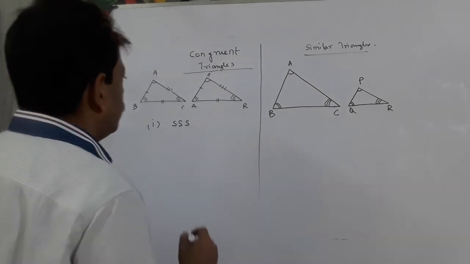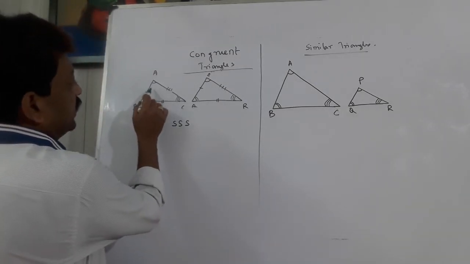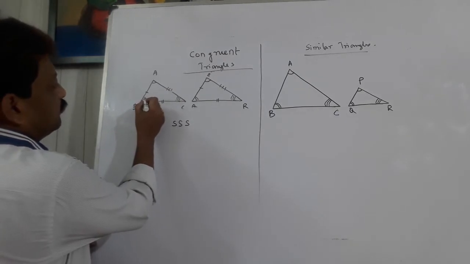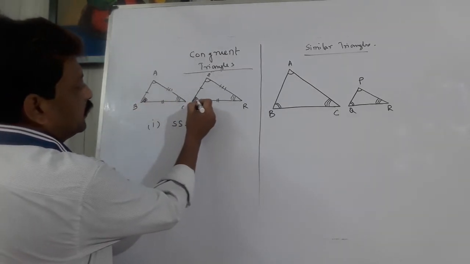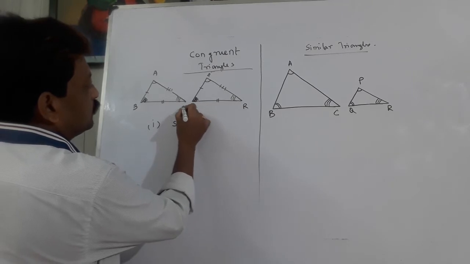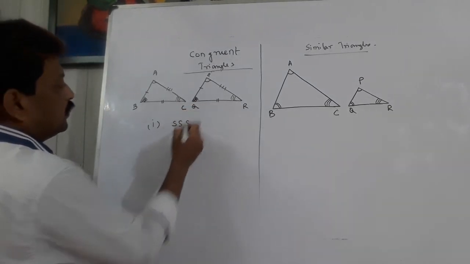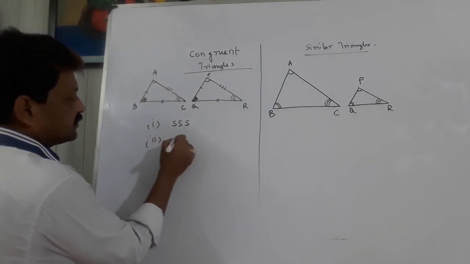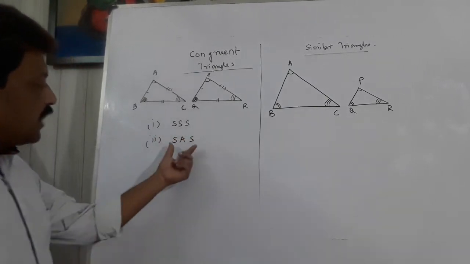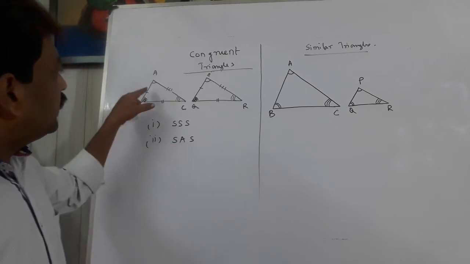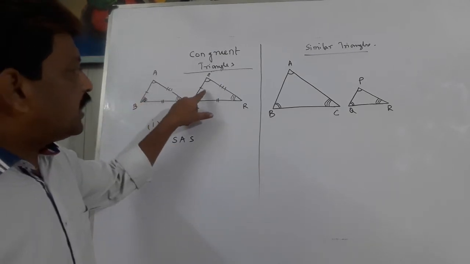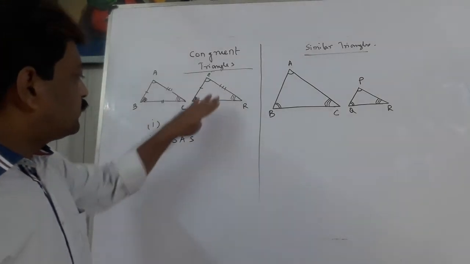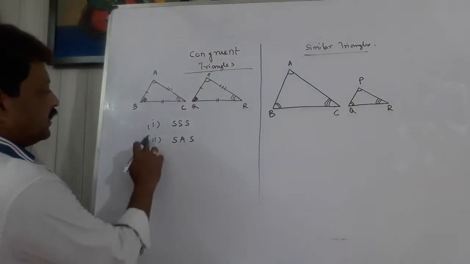You all know this. Similarly, if any two sides, suppose AB and BC are equal and the included angle B is equal to the included angle Q, then also these two triangles become congruent by the criterion SAS. Two sides and the included angle of one triangle are equal to two sides and the included angle of another triangle, then these two triangles become congruent by the criterion SAS.